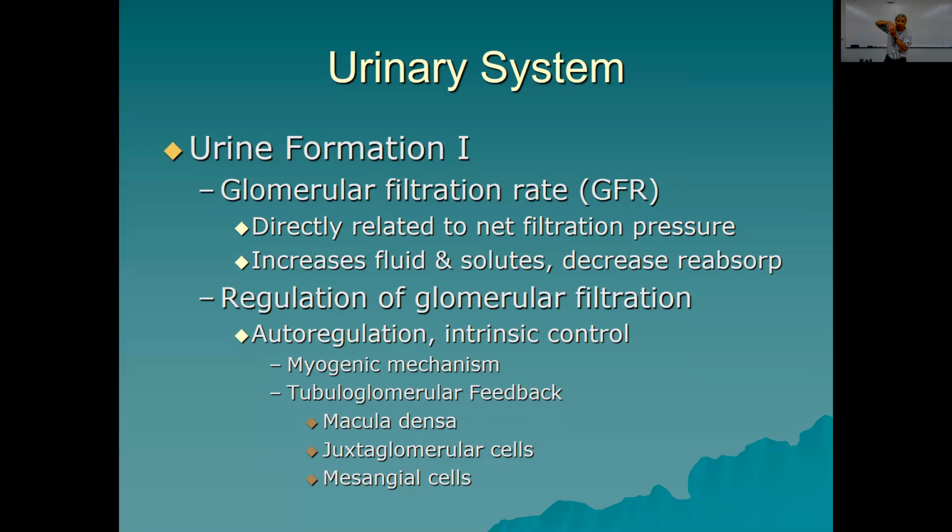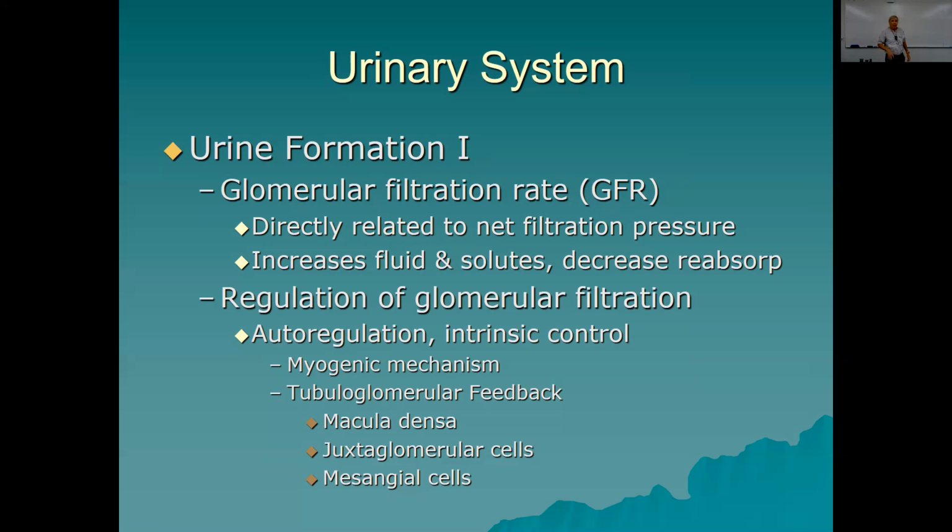But if the blood pressure goes down and the afferent arteriole gets a little smaller, then these muscle cells relax. They don't contract as before; they relax to try to stay the same opening over various blood pressures. But that doesn't always work.